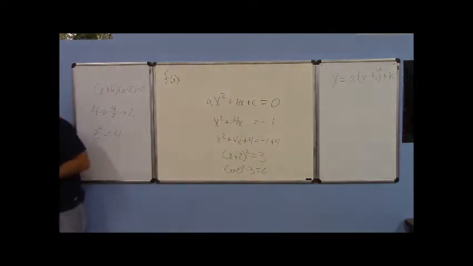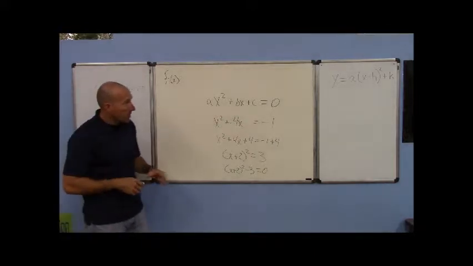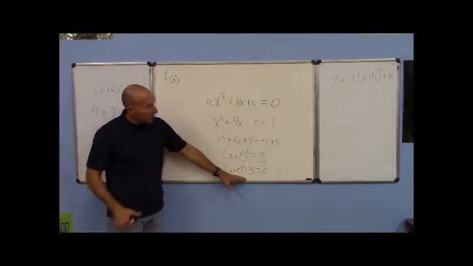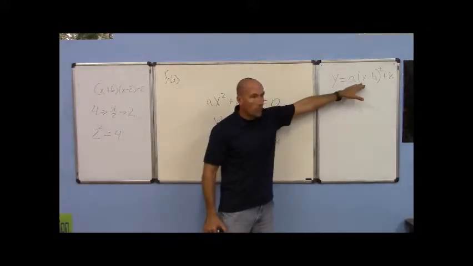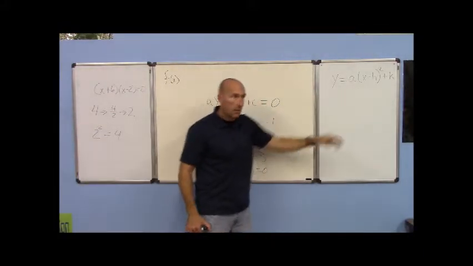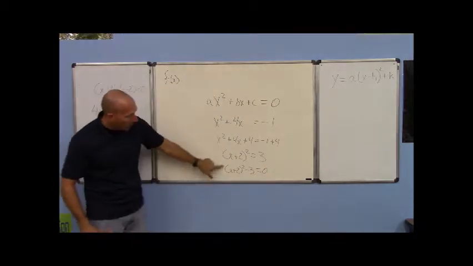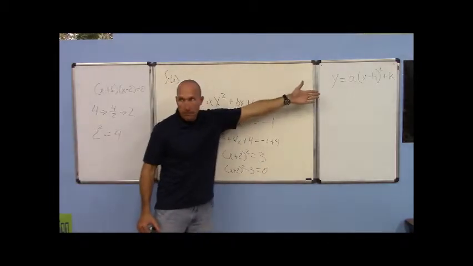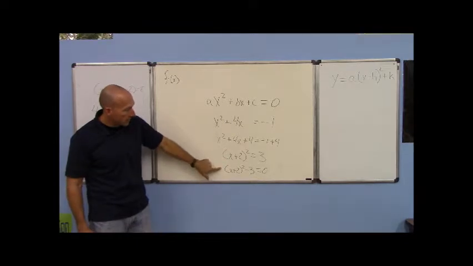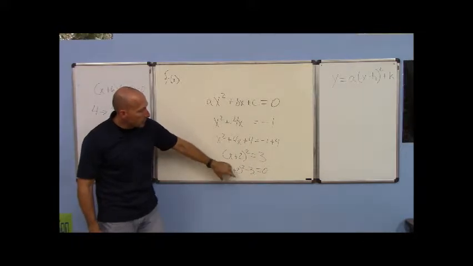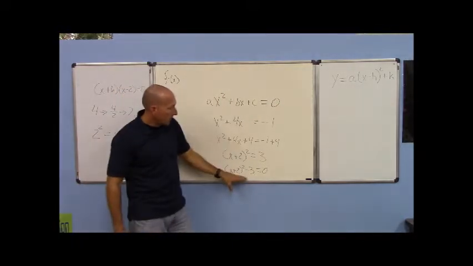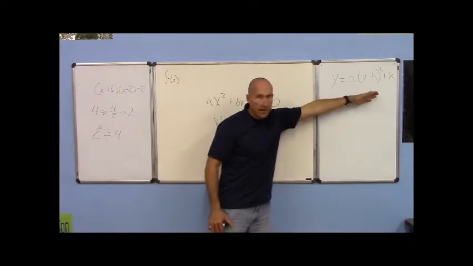Okay? So, does this look very familiar, or very similar to this form right here? Notice we have a 1, that would be where a is. Just so happens there's a 1 here. Then we have our x, and here it's plus 2. All those are in parentheses, squared, plus k.